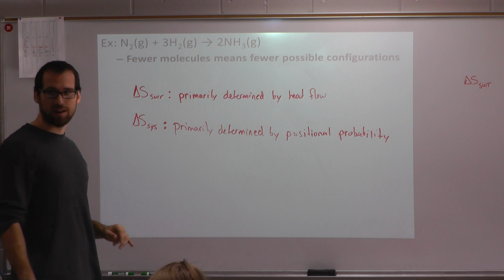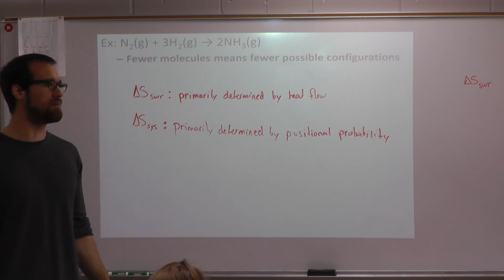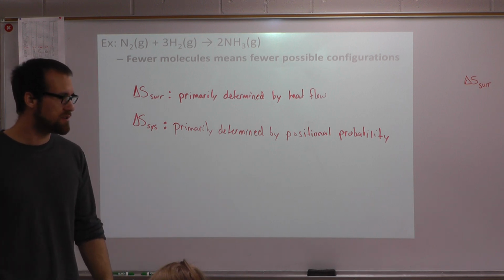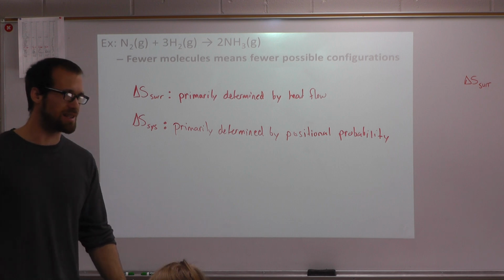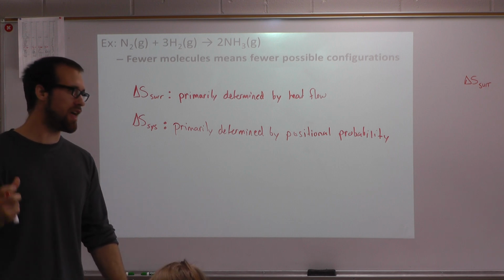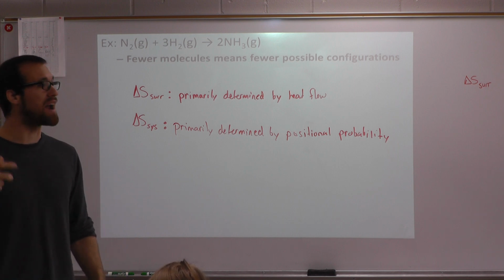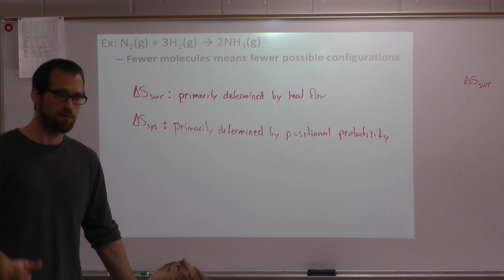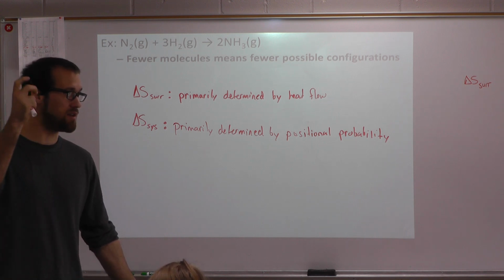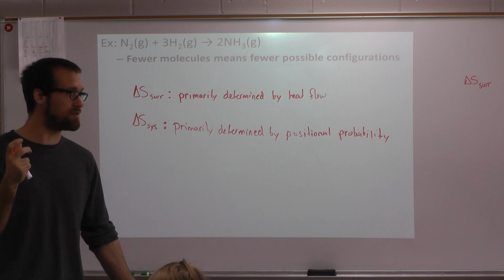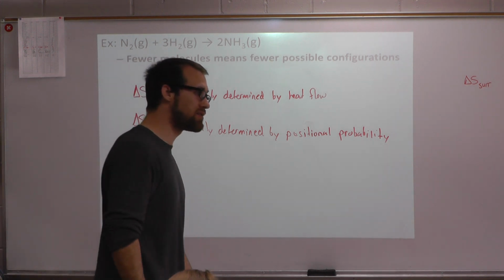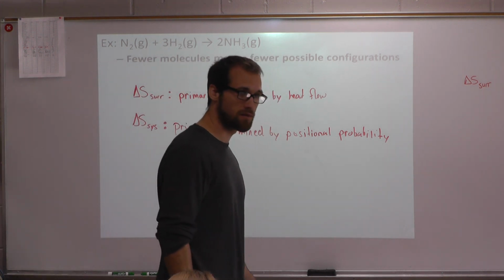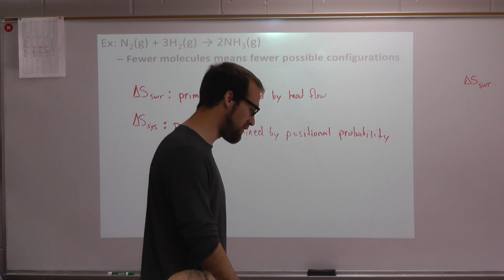So then the main determining factor is the temperature at which it happens. That's why things melt spontaneously at temperatures higher than the melting point, and things freeze at a temperature lower than the melting or freezing point. Temperature is a big determining factor.